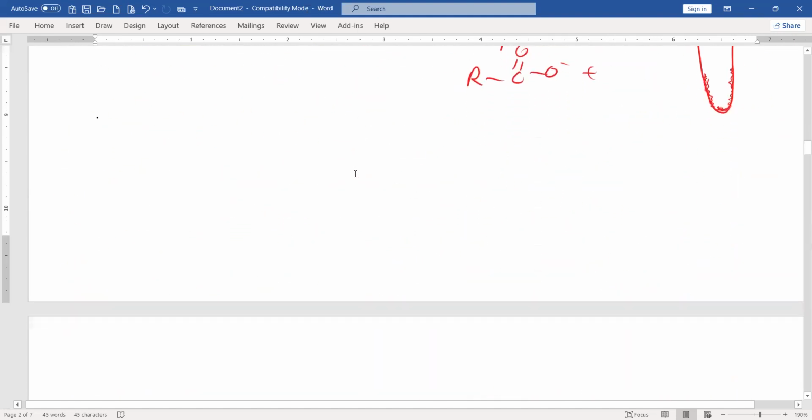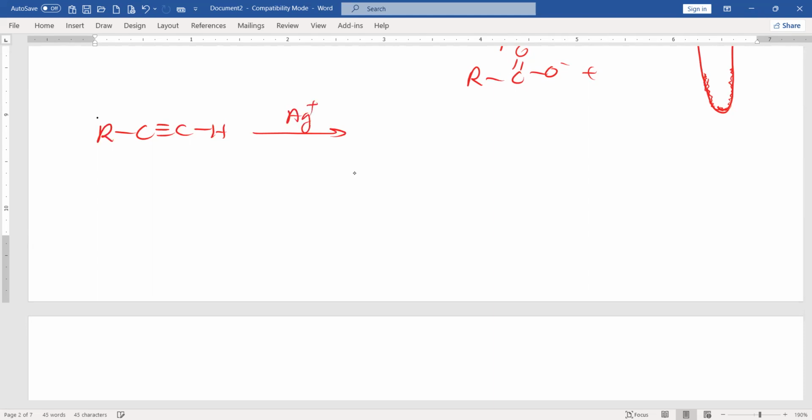The other thing is, if you have RC triple bond CH, when we add ammoniacal silver nitrate, here we have ammonia, Ag plus and ammonium. This is a base, so that base will take this hydrogen forming the ammonium ion, and Ag will replace it.